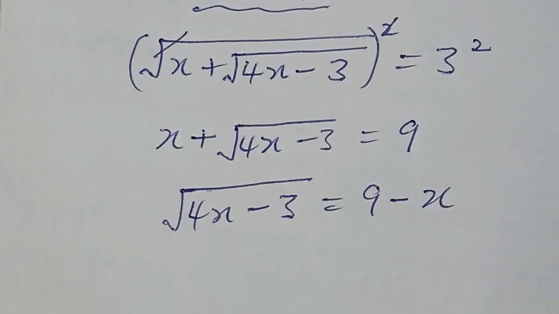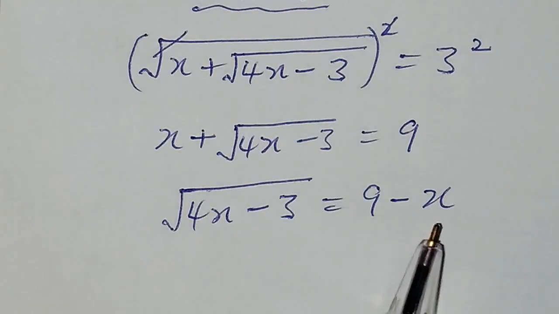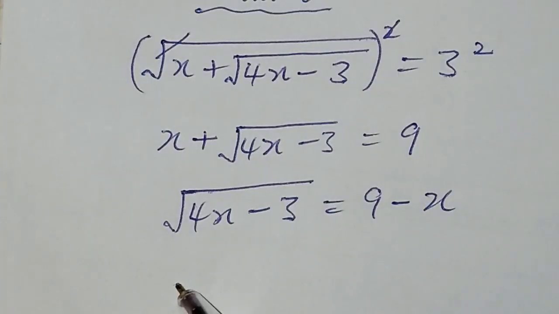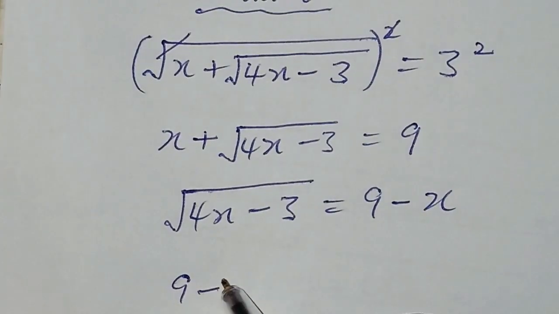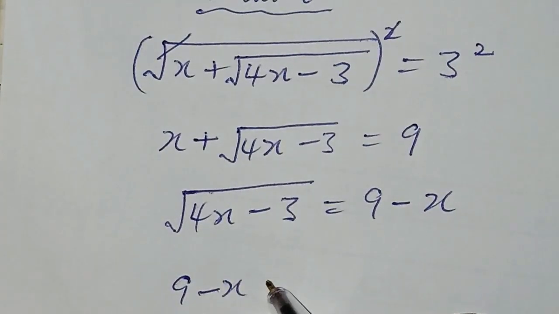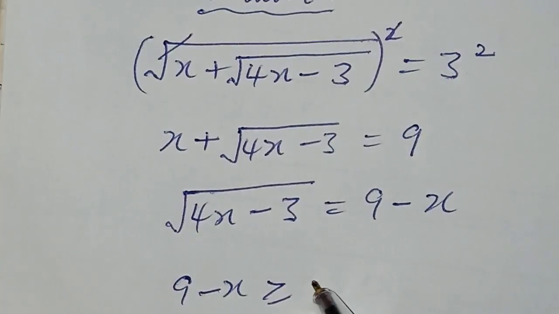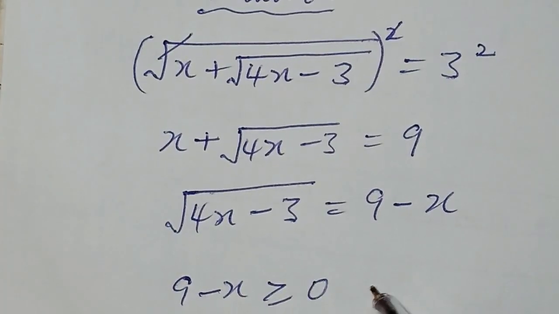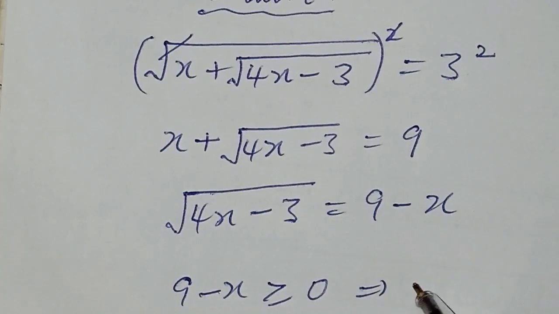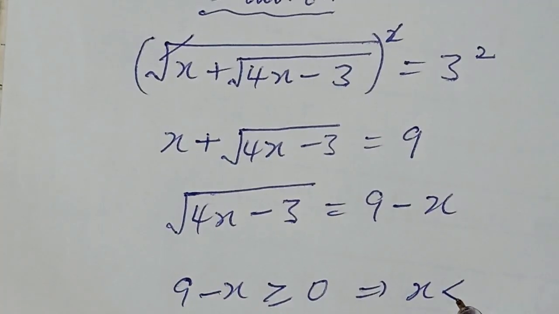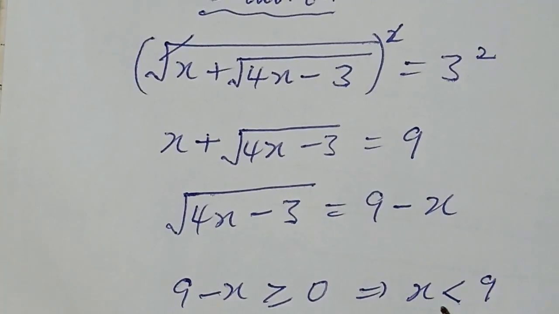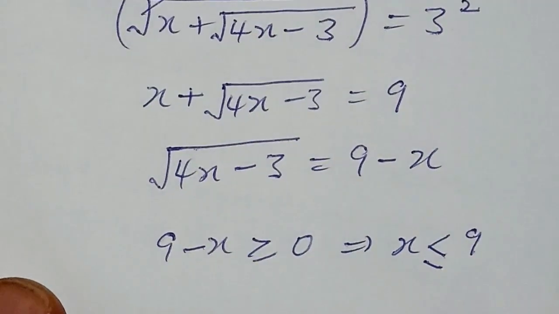So we note that we are dealing with square root, that is 9 minus x should be greater or equal to 0, which implies that x will be less than or equal to 9.